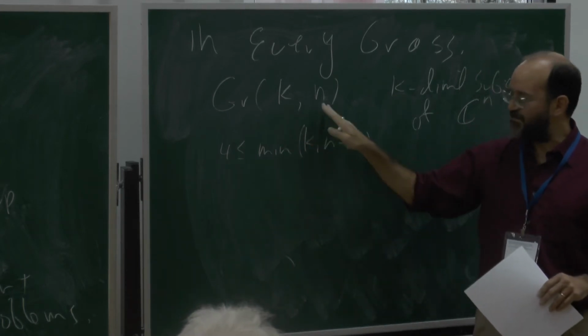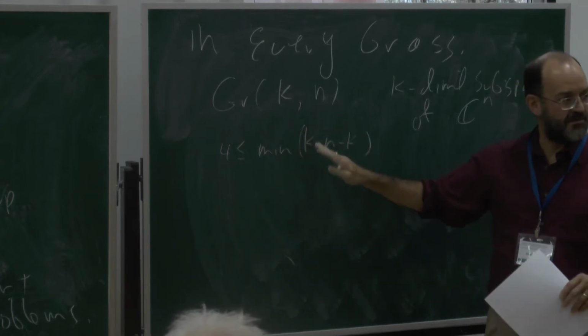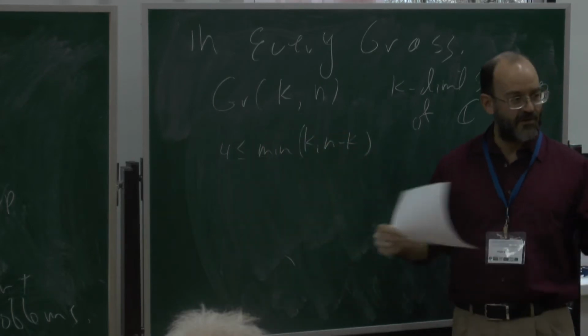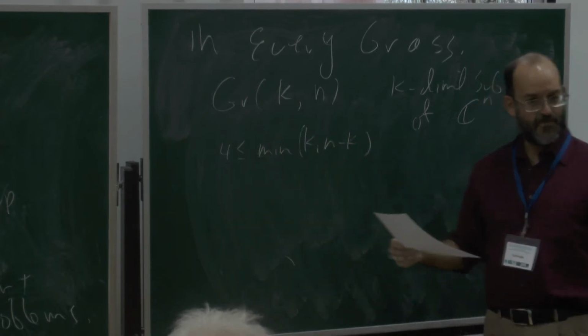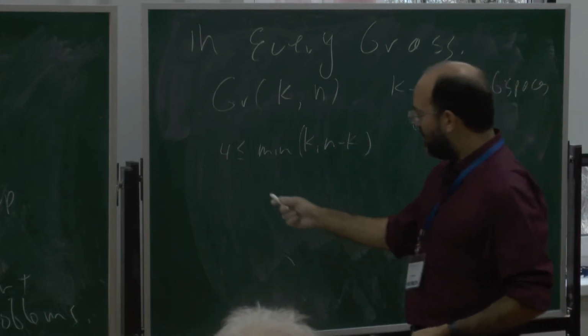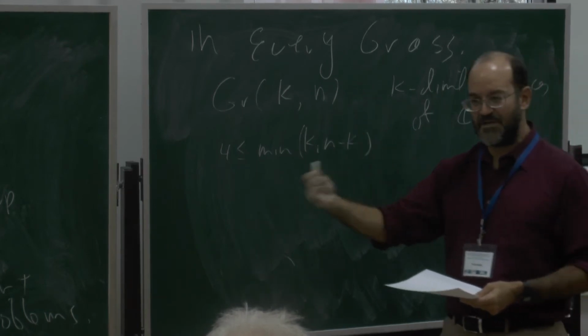The Grassmannian of k-planes in n space is isomorphic to that of n minus k-planes in n space, and so this happens. So once the Grassmannian is sufficiently large, we can always find efficient problems in it. And of course, since then, there have been many other examples found, and we've been studying this.